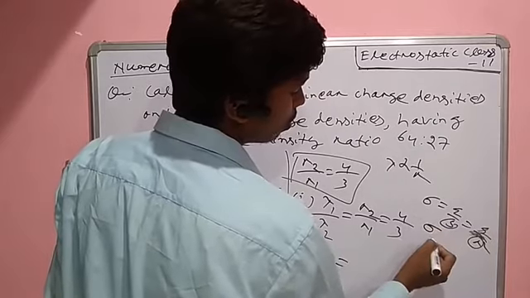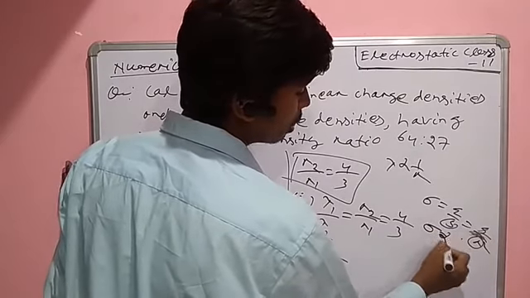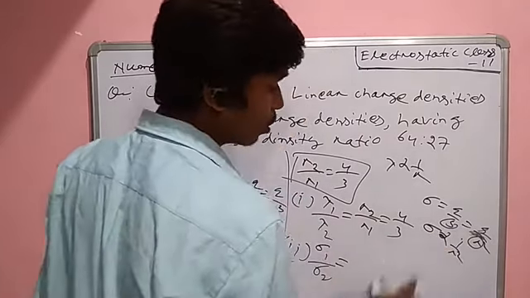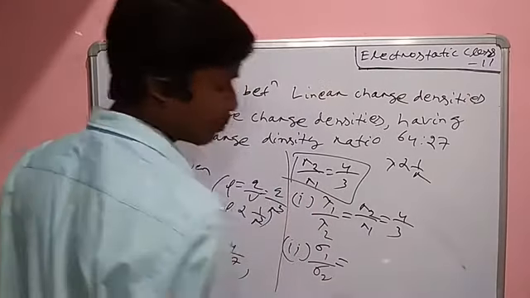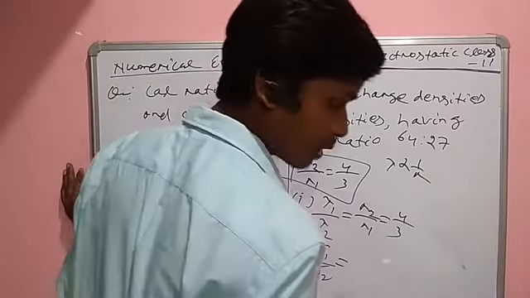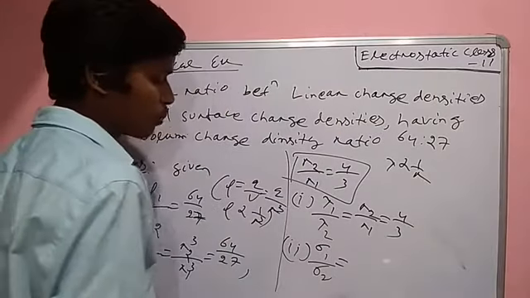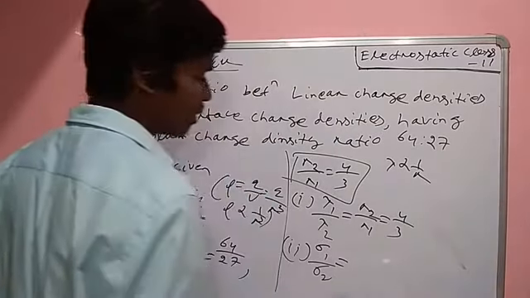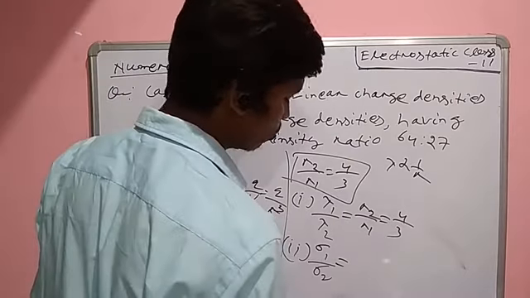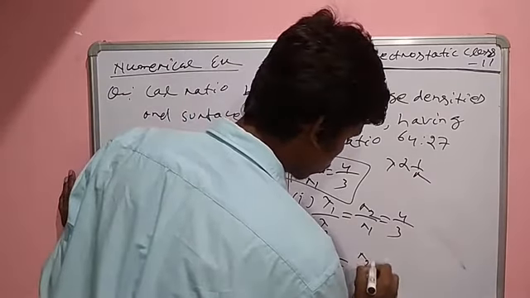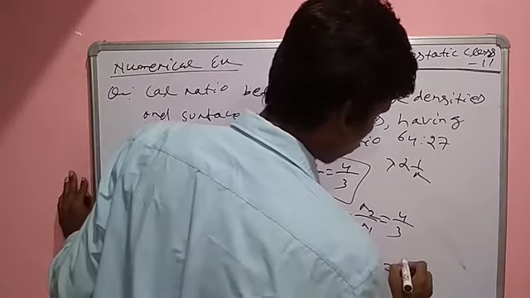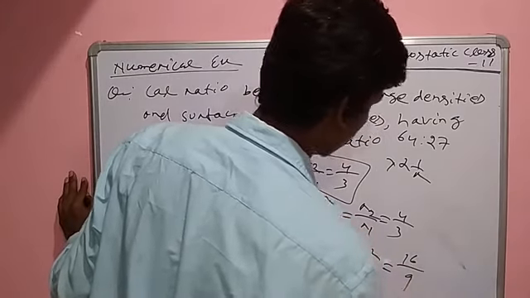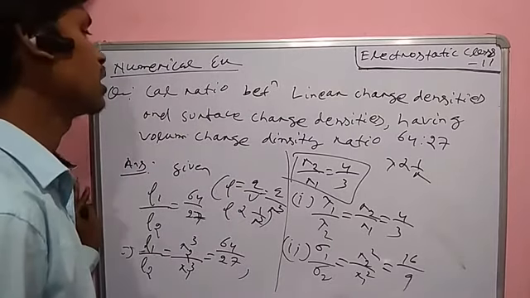So sigma is proportional to 1 by r square. Yes or no? So sigma 1 is proportional to 1 by r1 square, sigma 2 is proportional to 1 by r2 square. So sigma 1 by sigma 2 is equal to r2 square by r1 square, which is equal to 16 by 9. That is the answer of the numerical example.